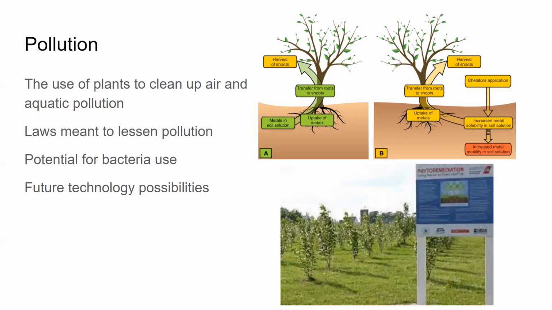One specifically that stood out to me was sunflowers, where they have been using sunflowers to clear arsenic from the soil, and that's shown a lot of promise. There's potential for using bacteria for this very same thing, and that could be very successful. And then, of course, there are other technologies that they're hoping to develop in order to clean air and waters and soils.